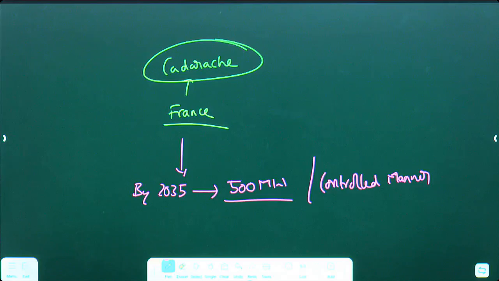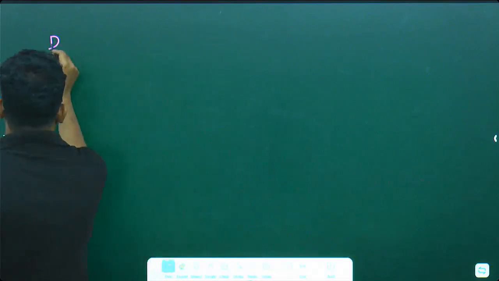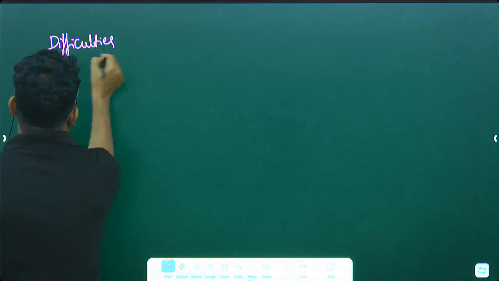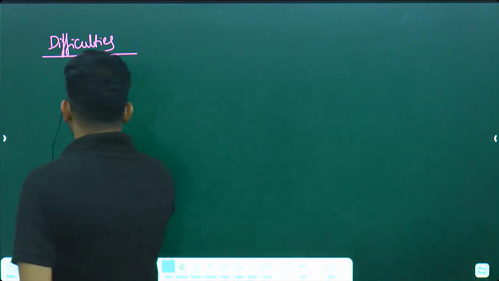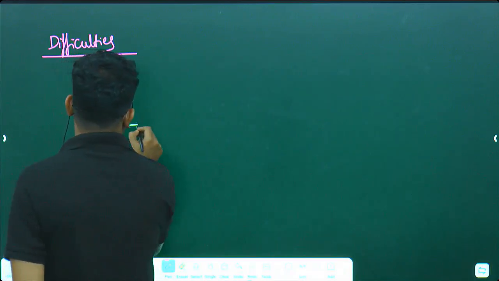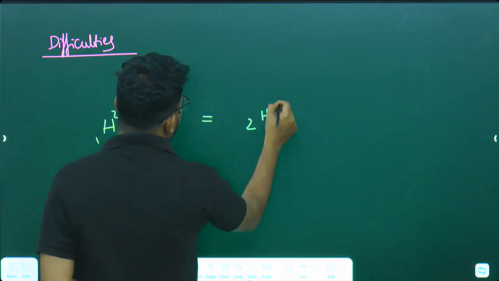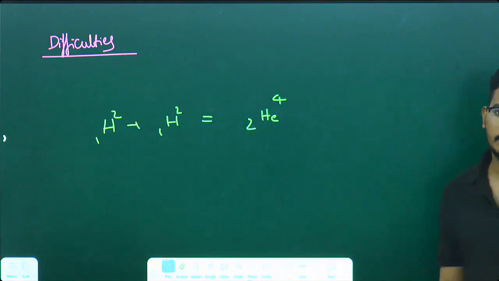Done? Now see, difficulties. What are the difficulties? Why are they taking so much time? See, fusion means 1H2 plus 1H2 gives helium 4.